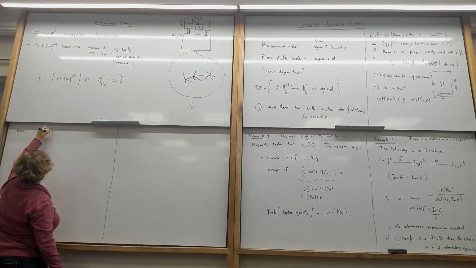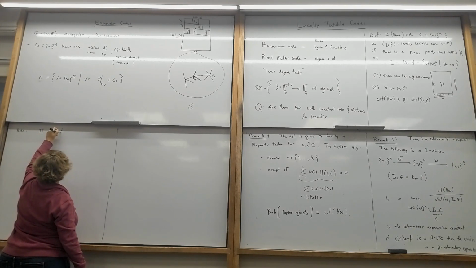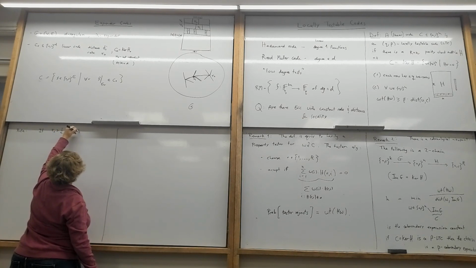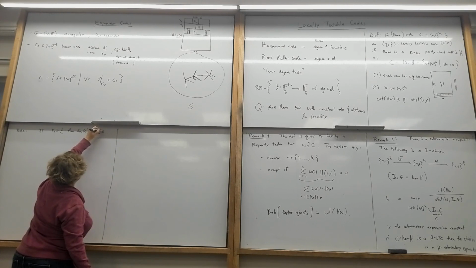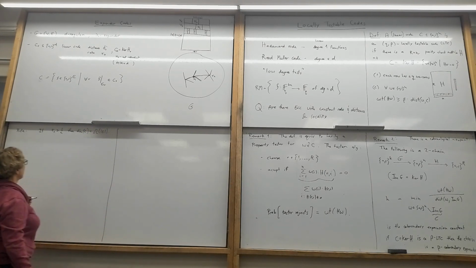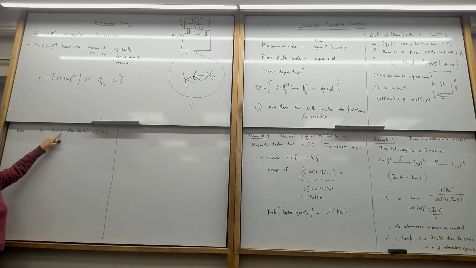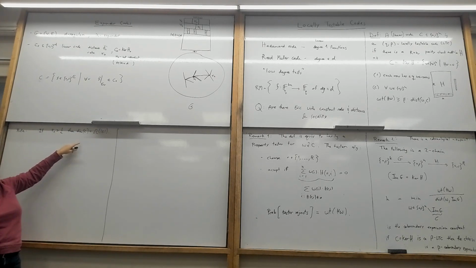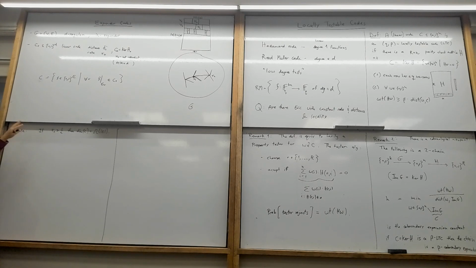If R0 is bigger than a half, then the dimension of C is linear in the number of edges. So as long as the local rate is slightly bigger than a half, you already have a lot of code words. A priori, you define the code by a bunch of parity checks. It could be that only the zero function survived. But in fact, a lot of code words survive, and let's see why.